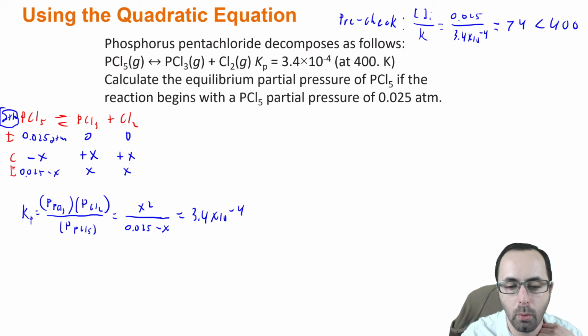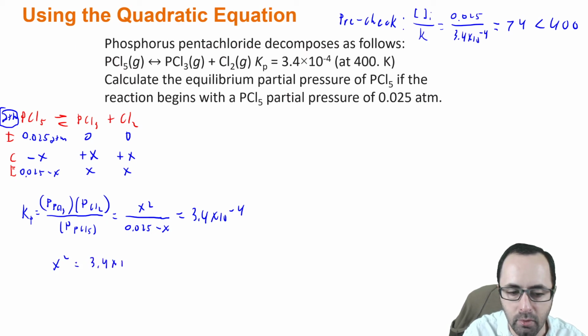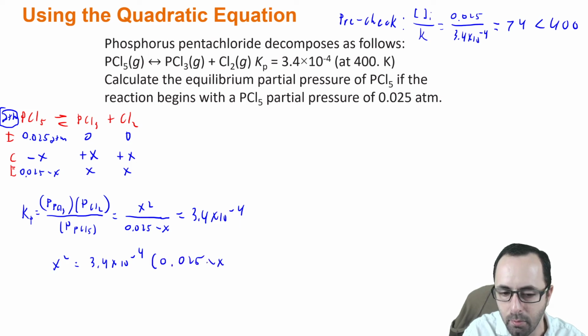So here what we're going to have to do is multiply both sides by the bottom of the fraction here, which is 0.025 minus x. So if we multiply both sides by that, we're going to get x squared equals 3.4 times 10 to the minus 4, and then we multiply both sides by this, 0.025 minus x.